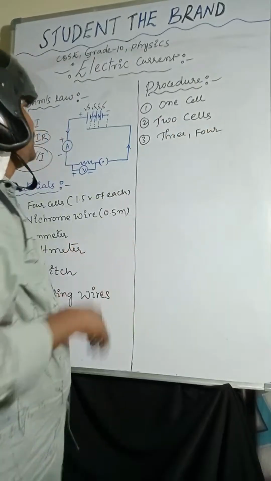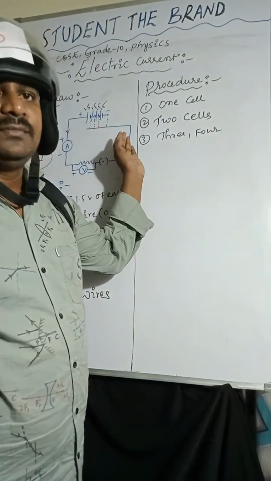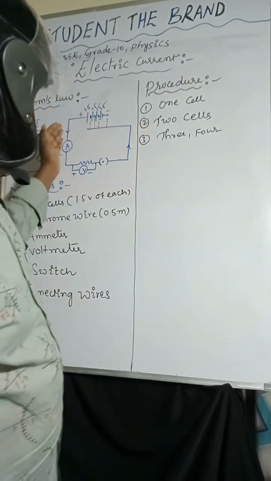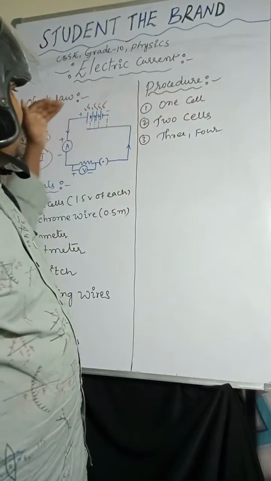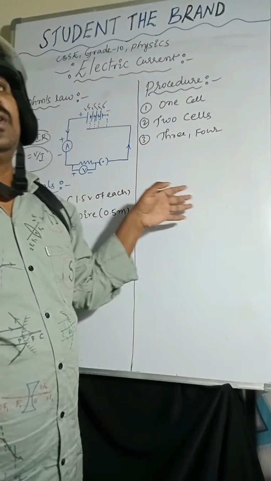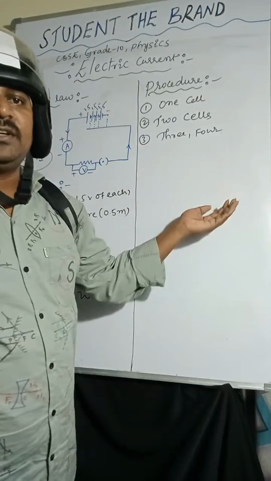Once again, first you have to connect one cell and note down the reading of ammeter and voltmeter. Connect two cells and note down the readings. Repeat the process for 3 and 4.